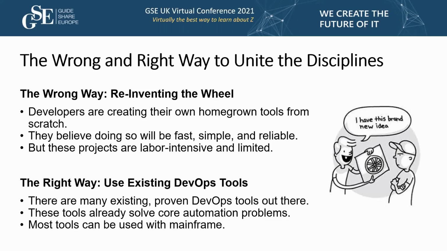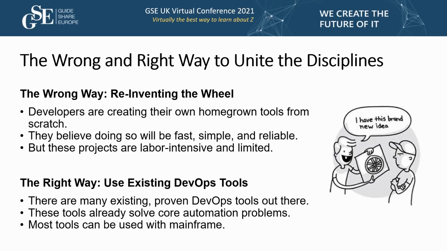Ultimately, we have found that this is the best approach to bring DevOps practices to mainframe. Overall, it is much faster, simpler, and more effective to just adapt existing general purpose DevOps tools to work within a mainframe environment than it is to try and reinvent these tools and create new approaches from scratch.